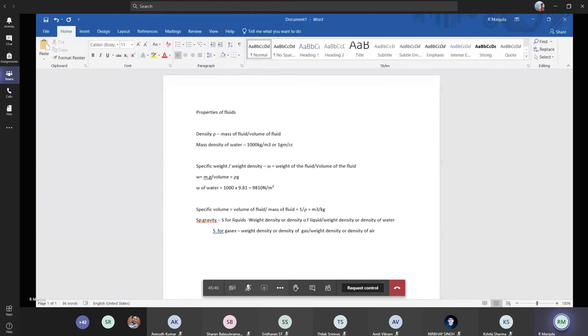And what is the weight density of a liquid here? From this formula, you can arrive at the weight density of a liquid. Small w is equal to S into 1000 into 9.81.